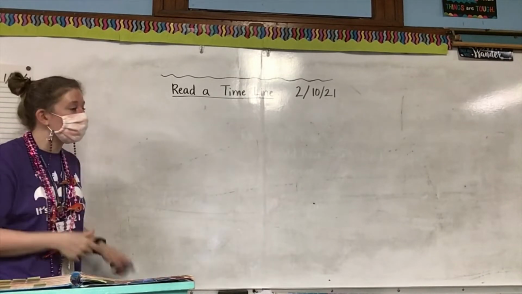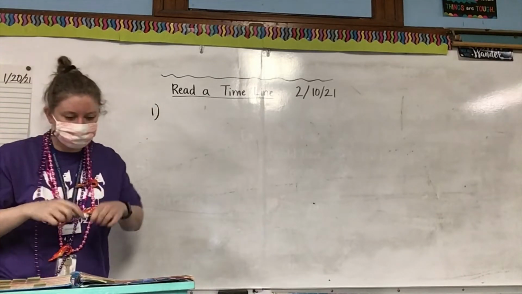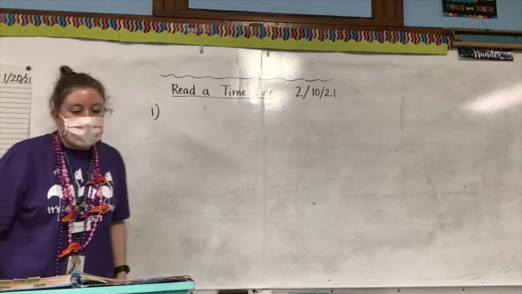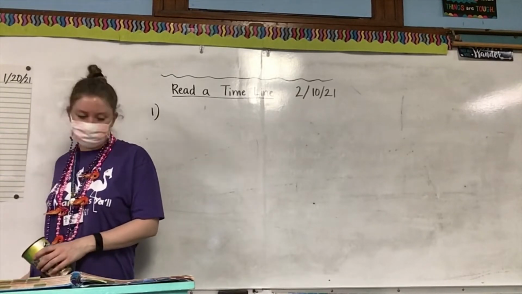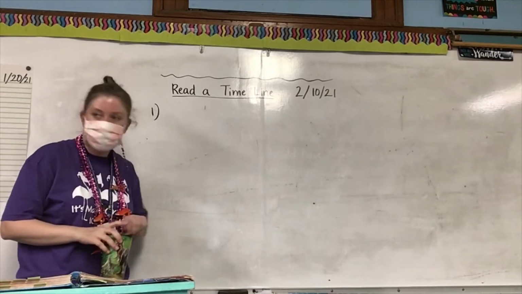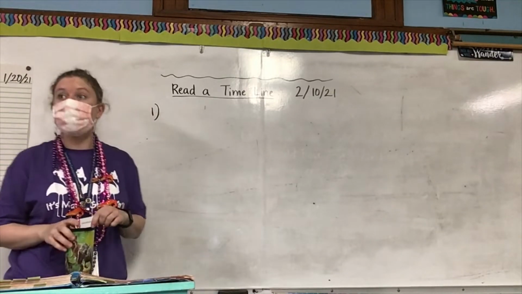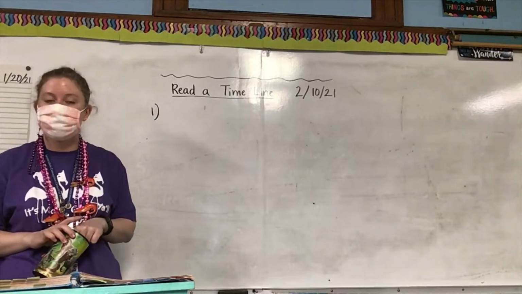So we will start with number 1 instead of number 8, which is a little different, but we only have 3 words. Okay, so on page 122, it's okay, take a breath, 122, 122.